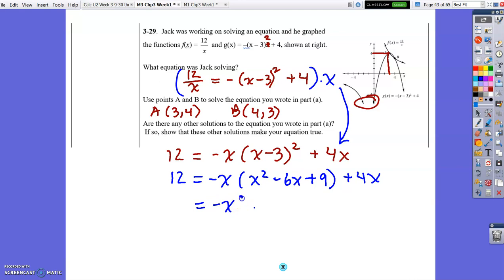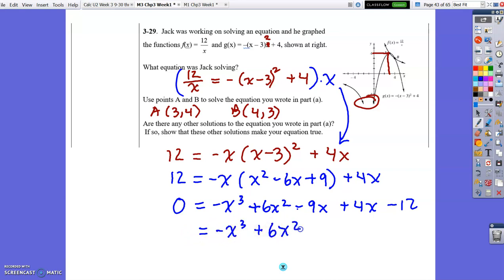Negative x cubed, positive 6x squared, negative 9x plus 4x. Minus 12, I'm going to move that over to 0. And so negative x cubed plus 6x squared minus 5x minus 12.